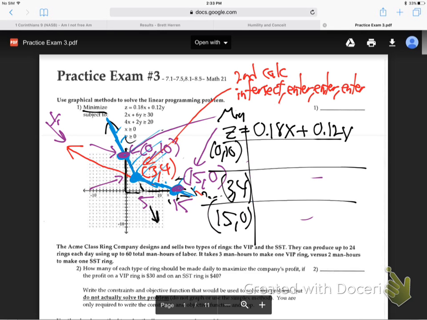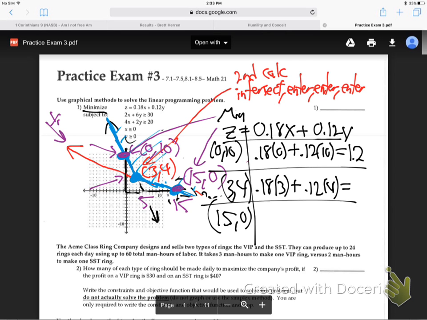So 0, 10, put in 0.18 times 0, 0.12 times 10. What is that, 12? No, 1.2? 1.2 for that one. The next one, we plug in 0.18 times 3 plus 0.12 times 4. Somebody got that number? The last one's 0.18 times 15 plus 0.12 times 0.